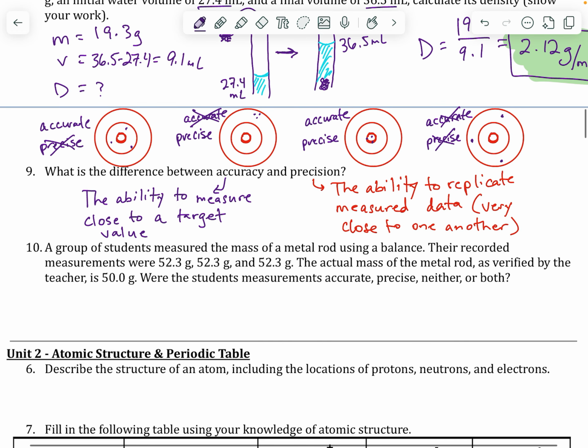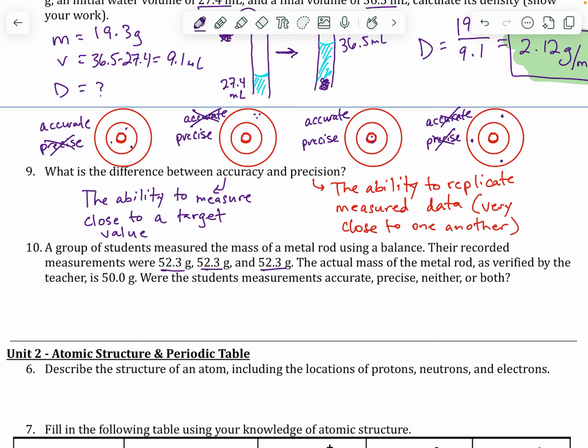So by putting this into perspective with the visual, then we can kind of do the same thing with the measurements. And so we see that we have a group of students here. They took some measurements, and those measurements look pretty good in terms of repeatability, right? The ability to replicate that.